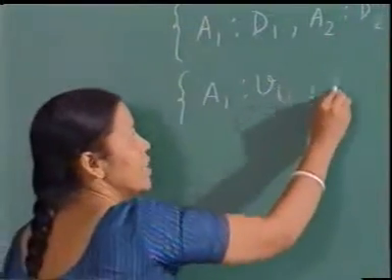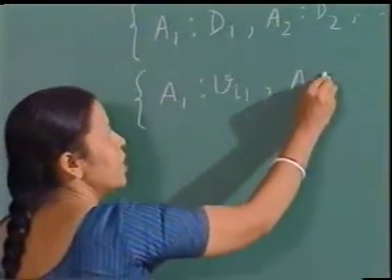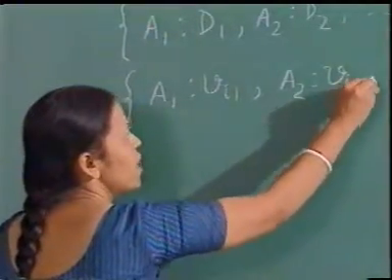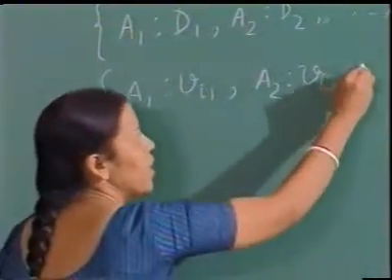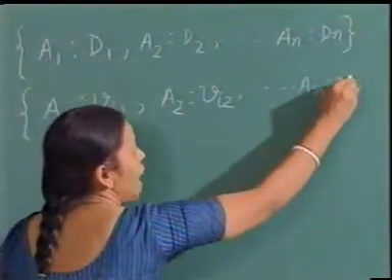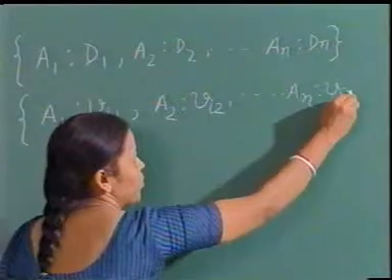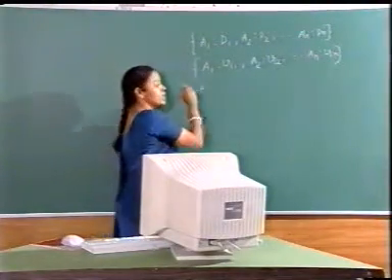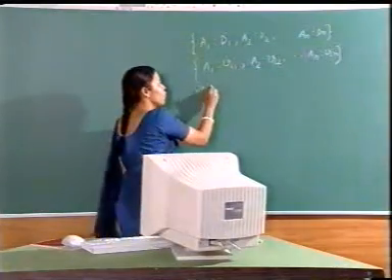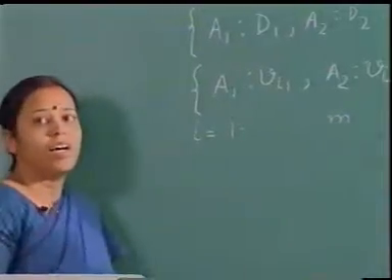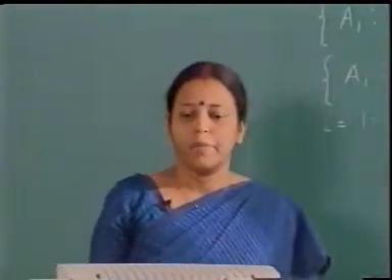Similarly, this is your second attribute, and the value of the second attribute is vi2. Similarly, the nth attribute and the value of the nth attribute, where i ranges from 1 to m, where m is the number of the tuples.